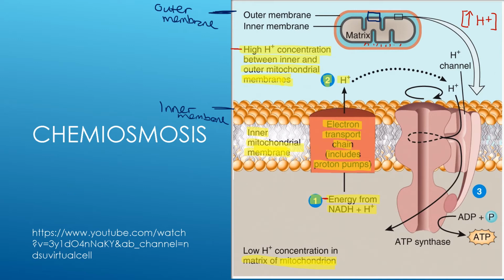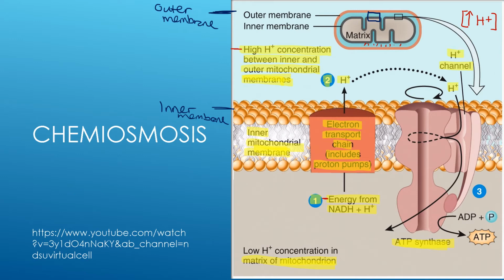Similarly, we get ATP synthesis occurring as these hydrogen ions flow back into the mitochondrial matrix through a special type of hydrogen channel in the inner membrane. This is done by ATP synthase. It works as a motor that's powered by hydrogen ions flowing down their concentration gradient through this protein.